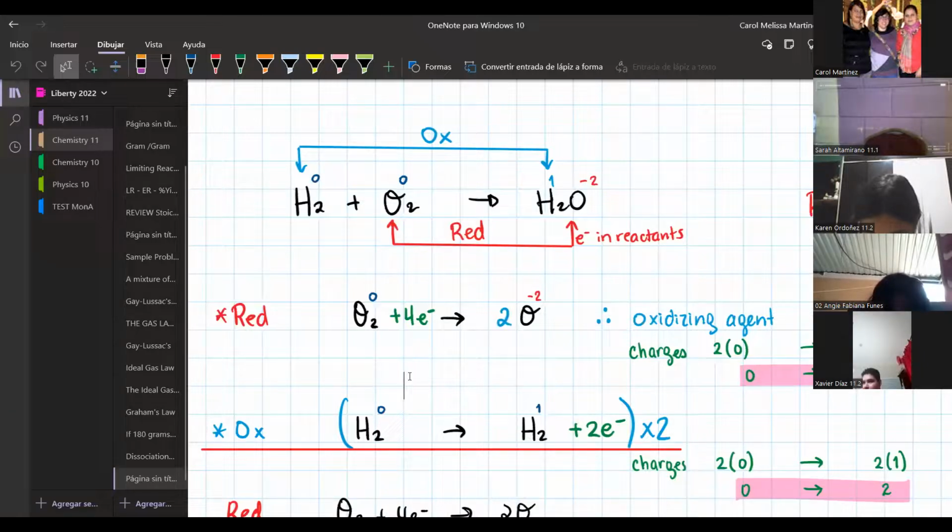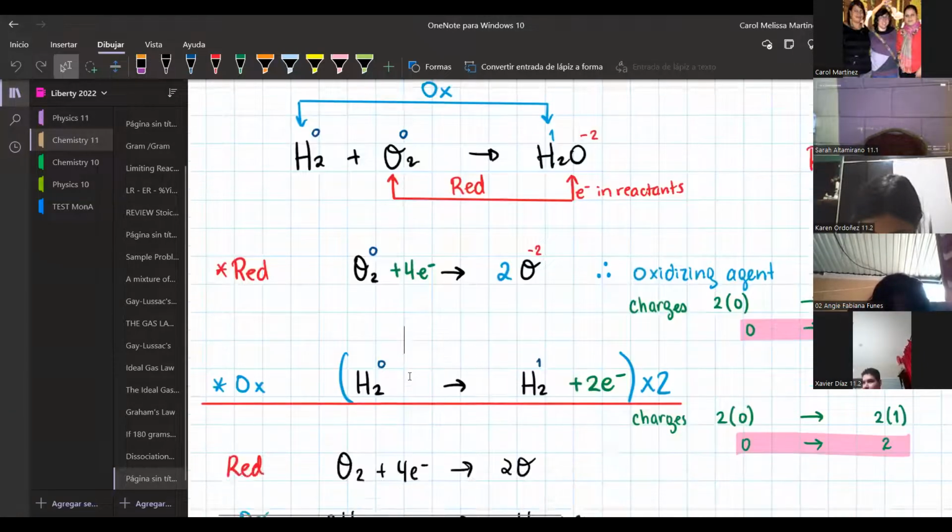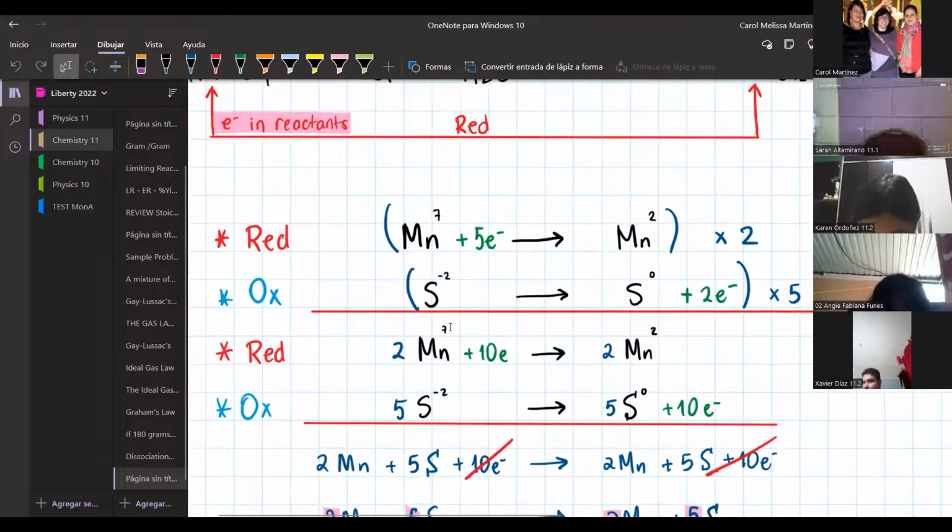And now, why is it that before we didn't do it? Because we didn't actually have to balance, because they were already balanced. 1 manganese on each side and 1 sulfur on each side.